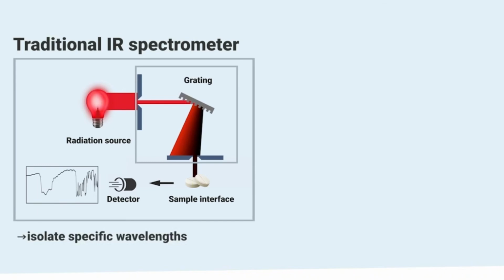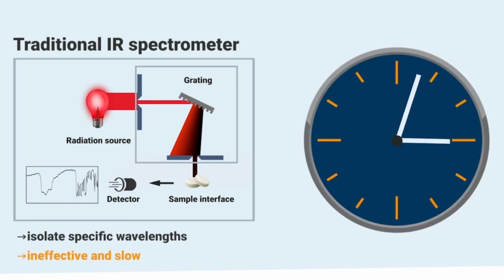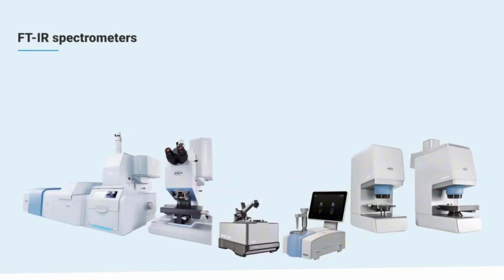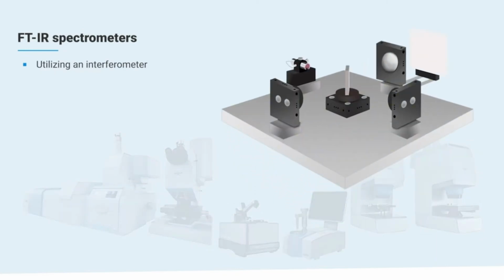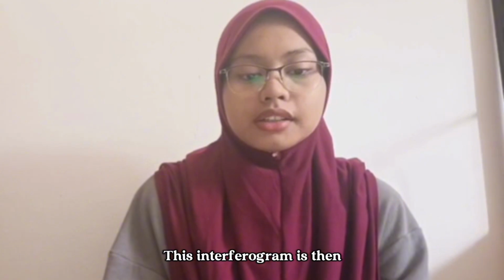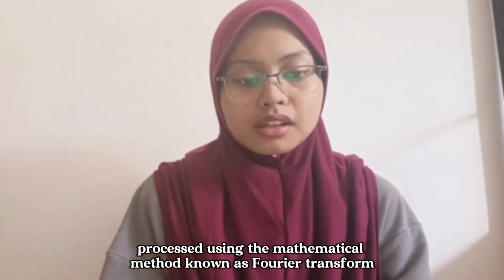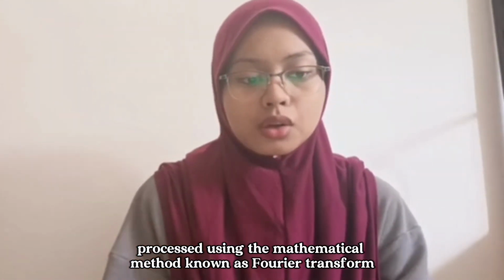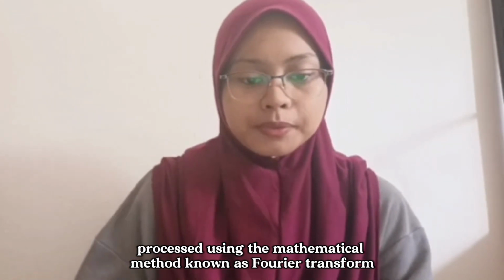The light that passes through or reflects off is collected. Unlike traditional methods, FTIR uses an interferometer to capture all wavelengths at once in a signal called an interferogram. This interferogram is then processed using the mathematical method known as Fourier transform.